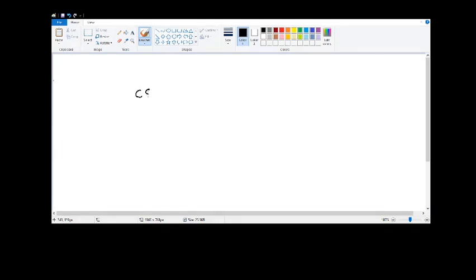So we have cosecant theta plus cotangent theta, and we are multiplying this by cosecant theta minus cotangent theta, and that is supposedly equal to 1.